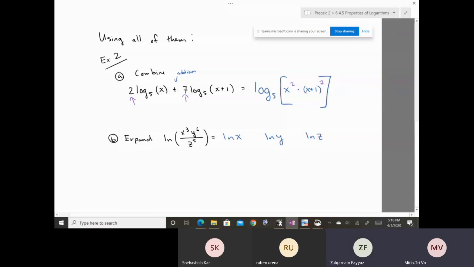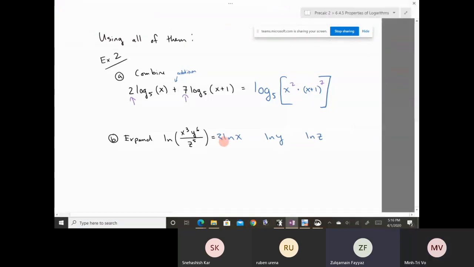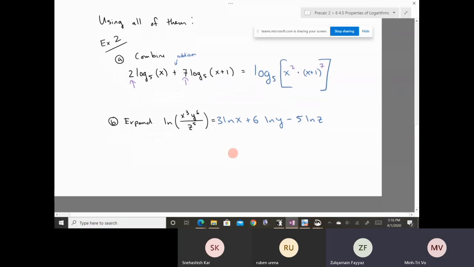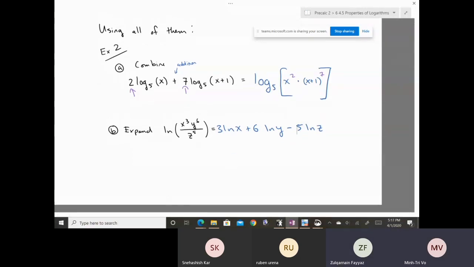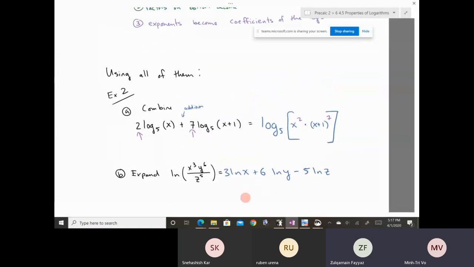So you have ln of x, ln of y, and ln of z. 3 ln x plus 1 y plus 6, and then minus 5 ln's. Yep. Yes. Just like that. Yeah, so that's how you want to apply the rules.